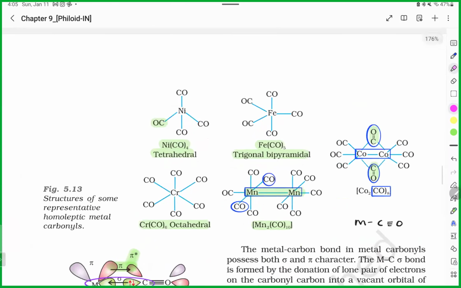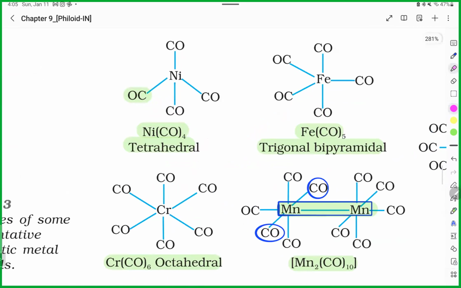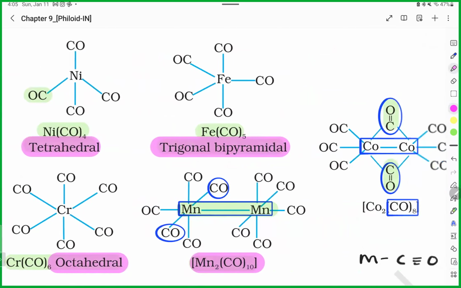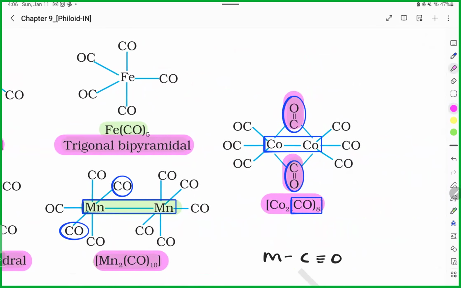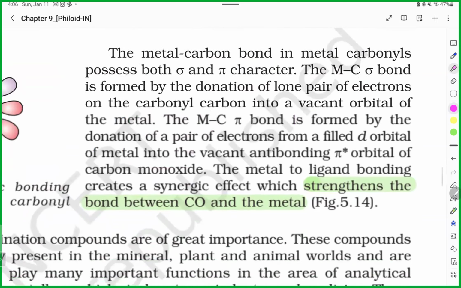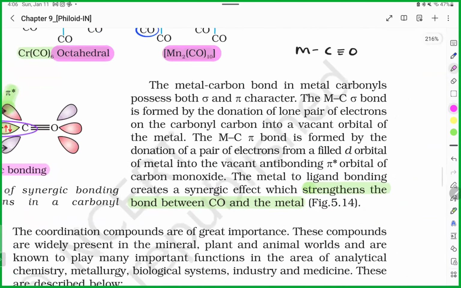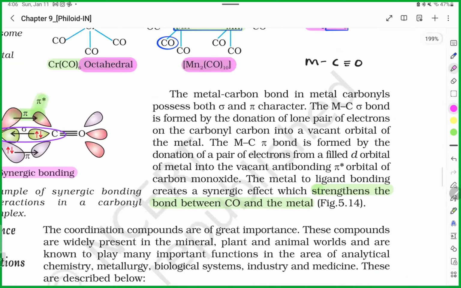See, in the case of 4 carbonyl, tetrahedral; 5, trigonal bipyramidal; 6, octahedral; 10 in the case of manganese, square pyramidal; and in cobalt you have bridges, two bridging carbonyls. And the last important topic is extremely important.